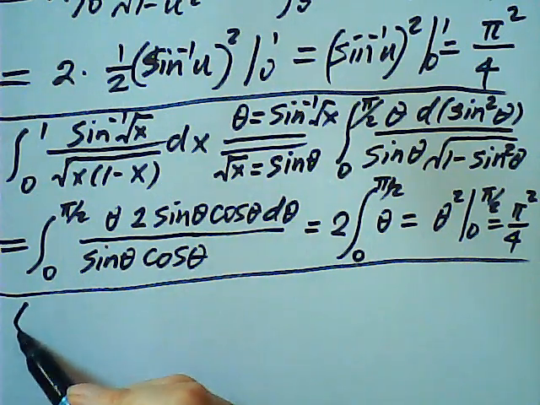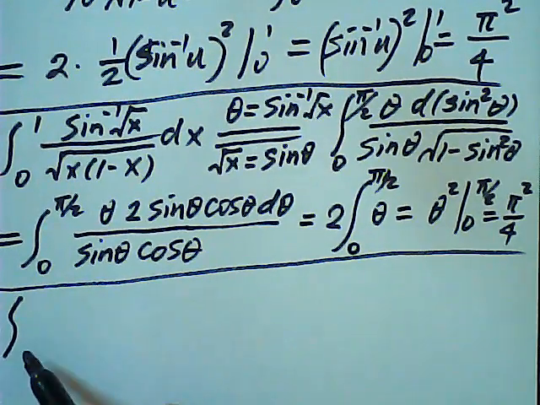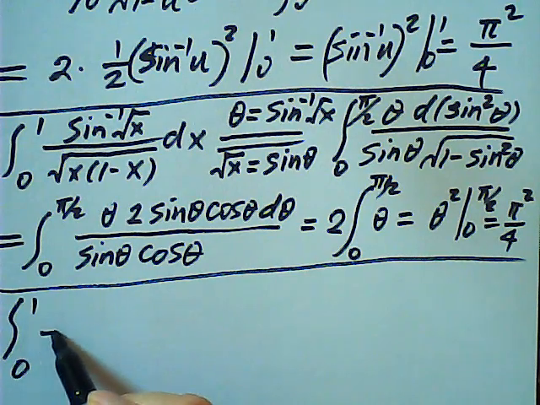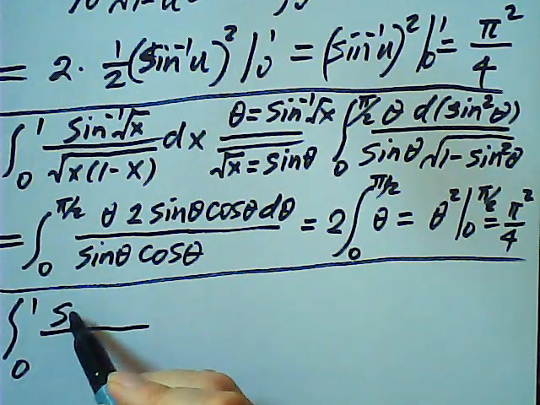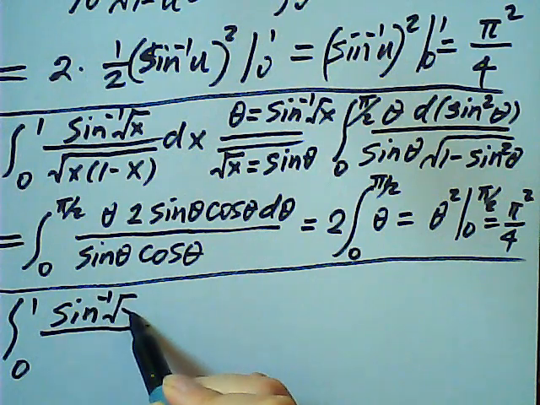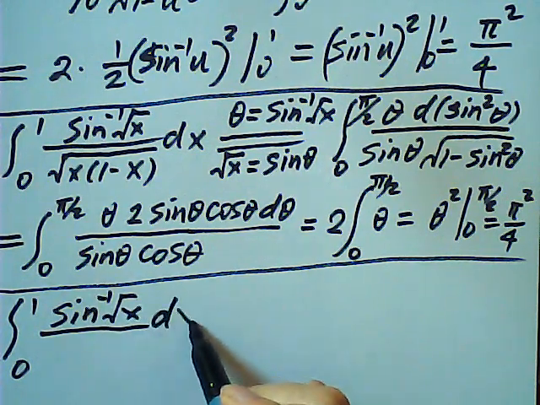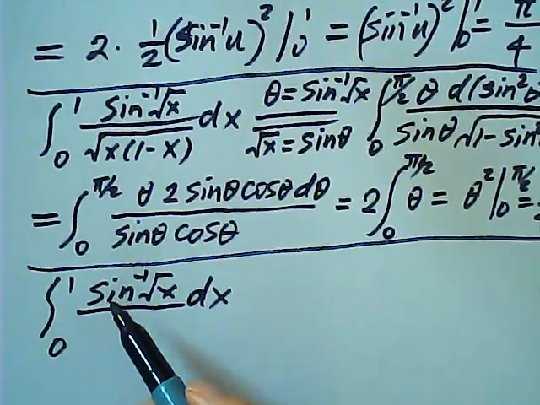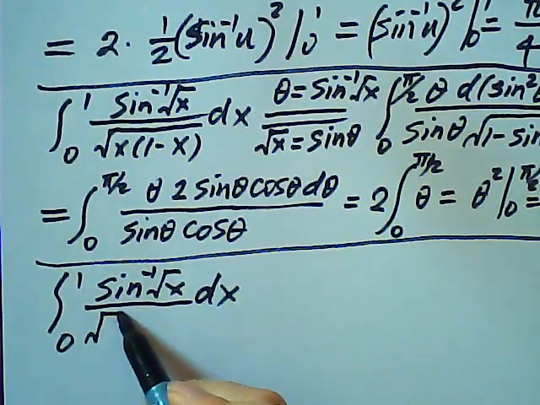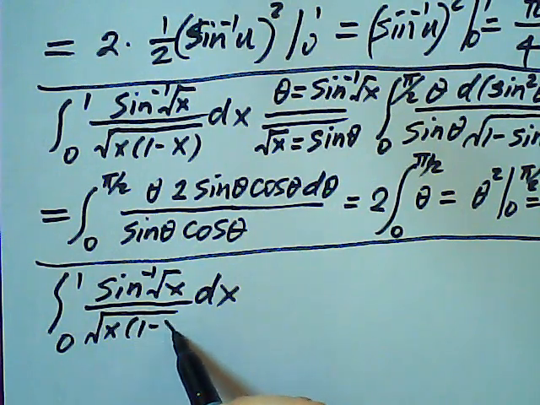Now method 3, from 0 to 1, arcsine square root x, dx over square root of x times 1 minus x.